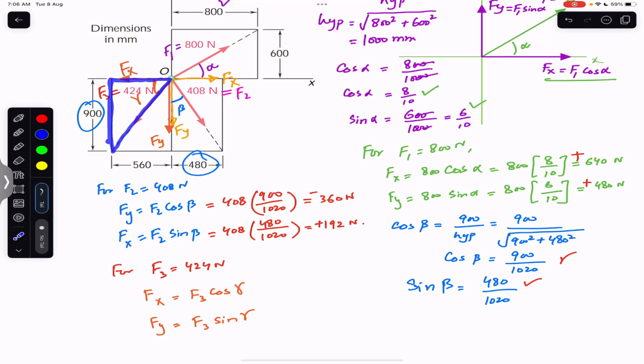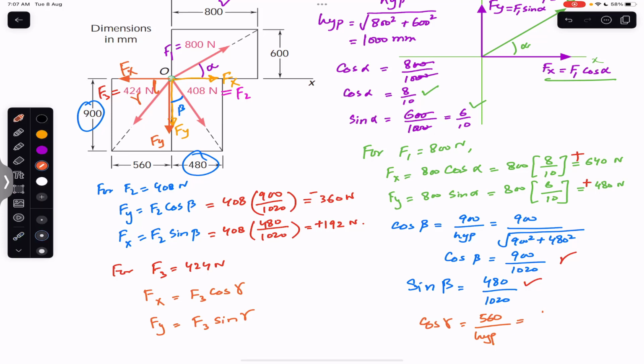Now again we are given this right angle triangle, so we have to consider this right angle triangle, and cos of gamma will be this base divided by hypotenuse. Now the base is 560, so cos of gamma will be 560 divided by the hypotenuse. Now the length of this hypotenuse will be 900 square plus 560 square under the square root.